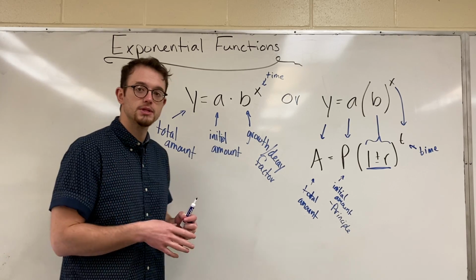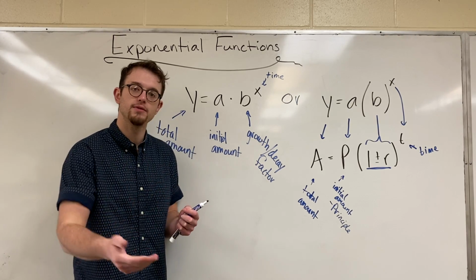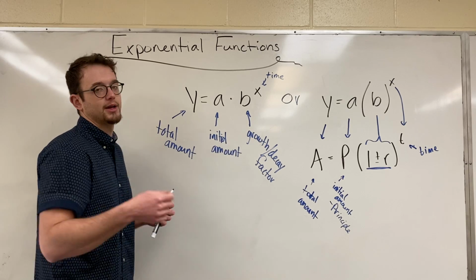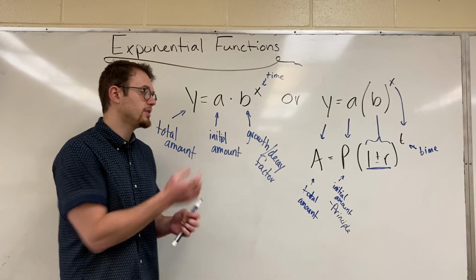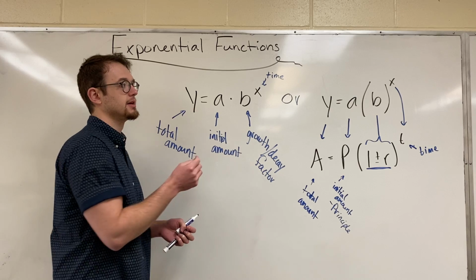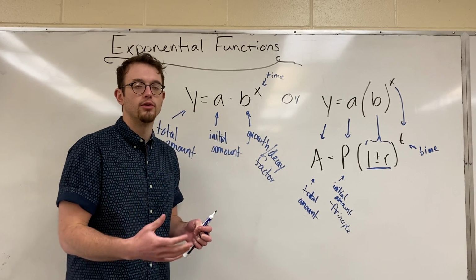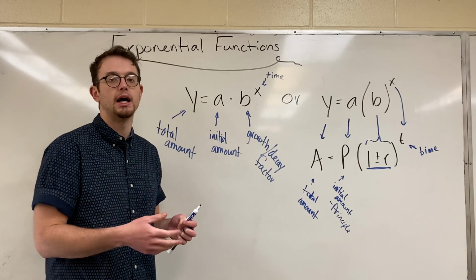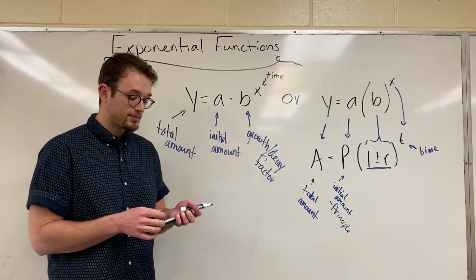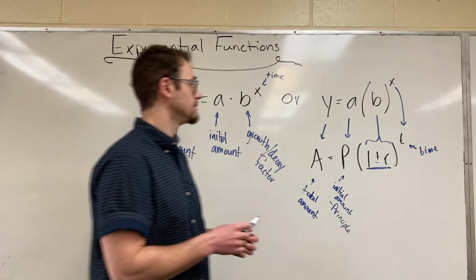Is this growing 200%? Is it decaying by 25% every time? What is it growing and decaying by? Not what is it multiplying by mathematically, but what is it actually decaying by? How much do I have left over? How much more do I have every single time in a rate?